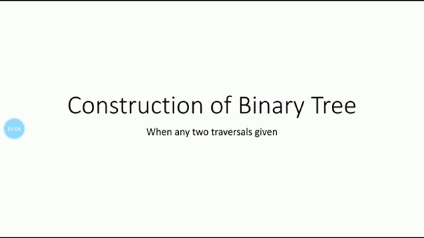That means when a combination of in-order and pre-order is given, we have to construct a binary tree, or when a combination of in-order and post-order is given, the same binary tree needs to be constructed. So in this session, the main goal is to construct a binary tree when any two sequences are given as an input. Let's go into detail.